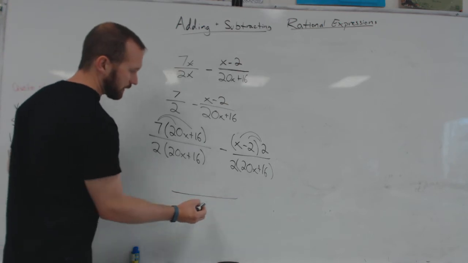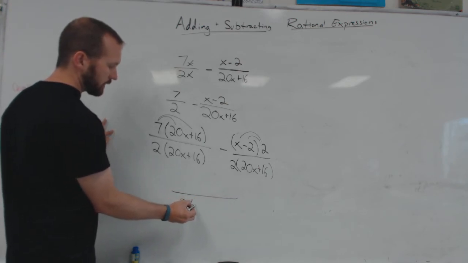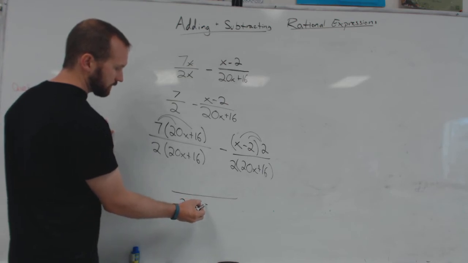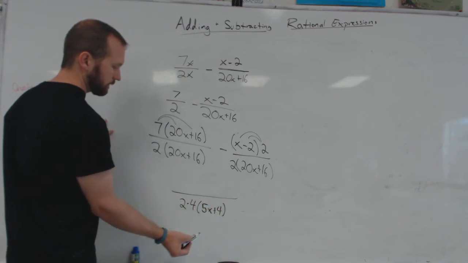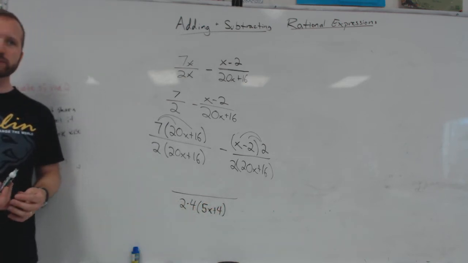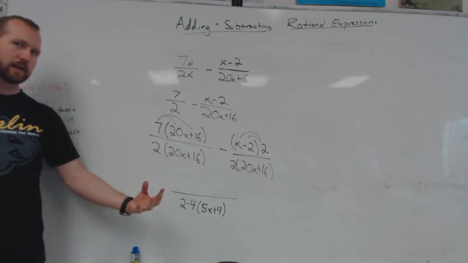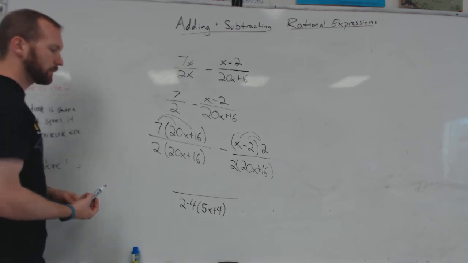So in my denominator I have 2, I'm going to pull out that 4 now. 2 times 4 times 5x plus 4. Yeah, you could call that 8 if you wanted to. There's a lot of different approaches to this. I like to kind of leave things factored just because it helps me see what to reduce.